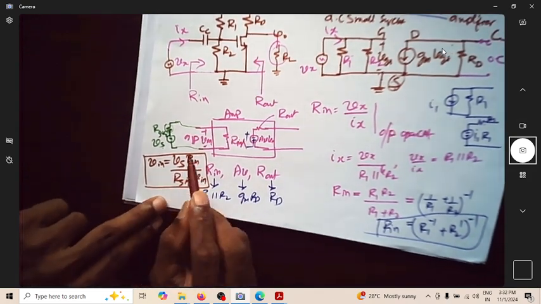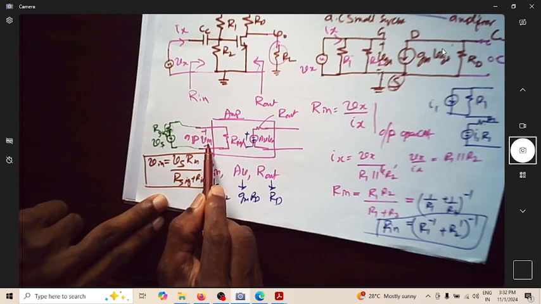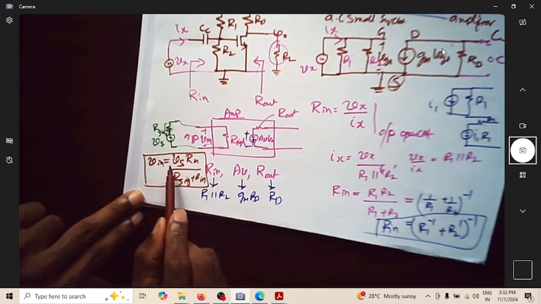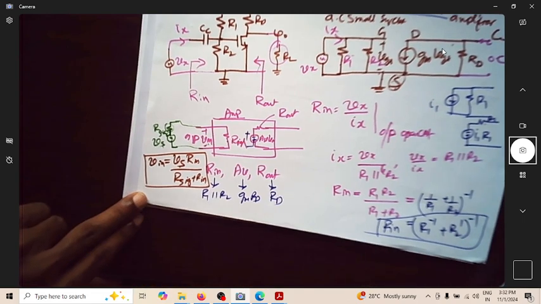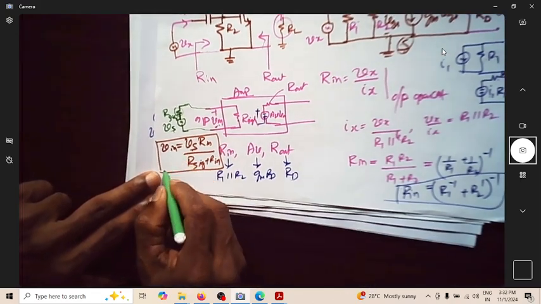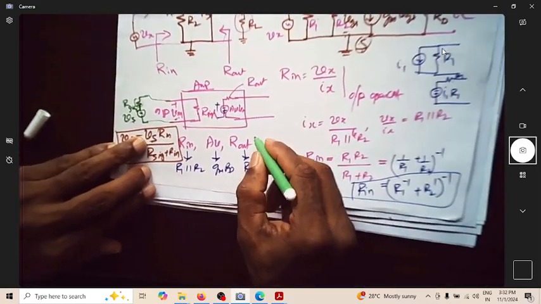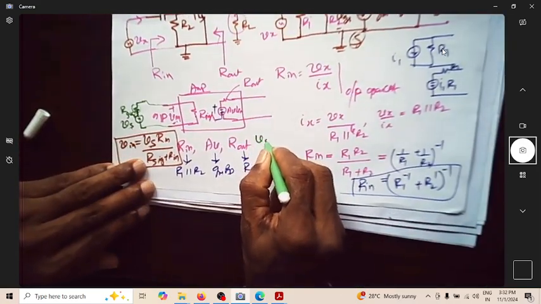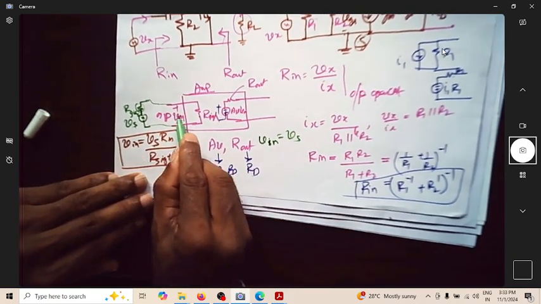What should happen is that the entire Vs should reach here. So there are two cases where it is possible. The condition we are looking at is that Vin should be equal to Vs.